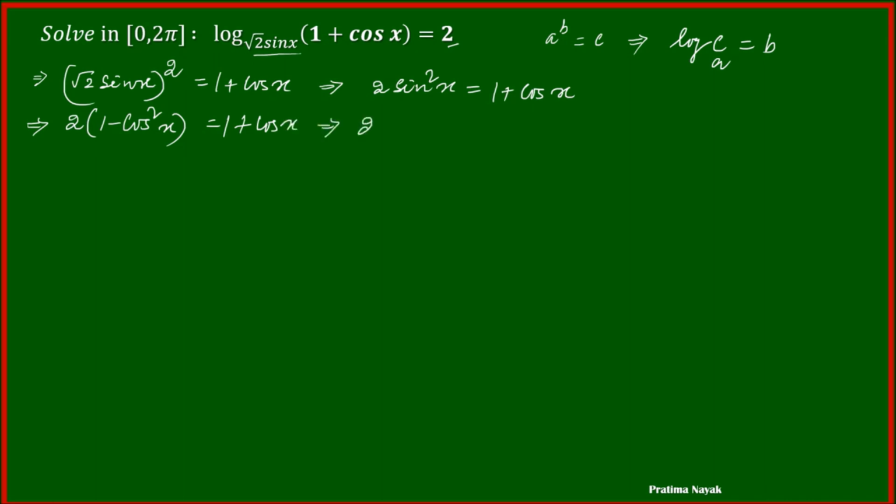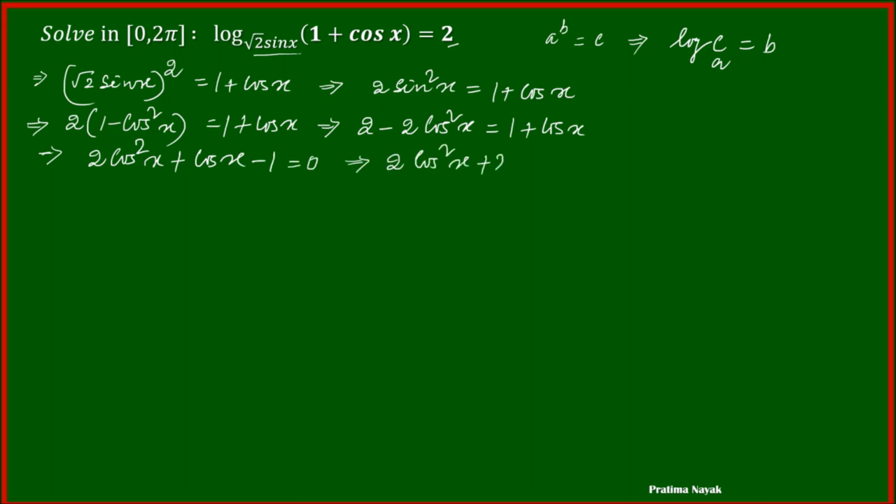On further simplification, it will be 2 cos square x plus cos x minus 1 is equal to 0. On splitting the middle term, 2 cos square x plus 2 cos x minus cos x minus 1 is 0. So this gives me two factors: 2 cos x minus 1 and cos x plus 1.